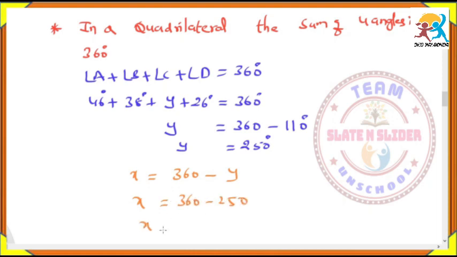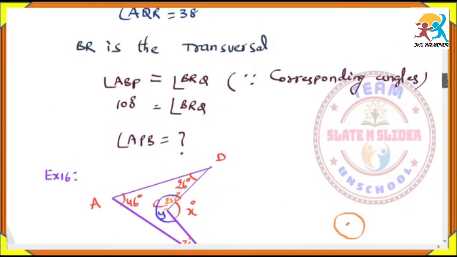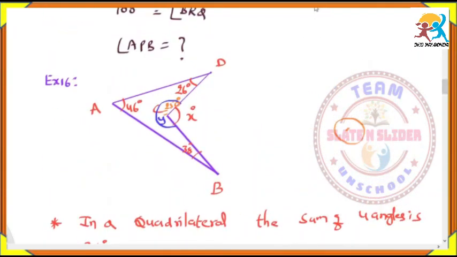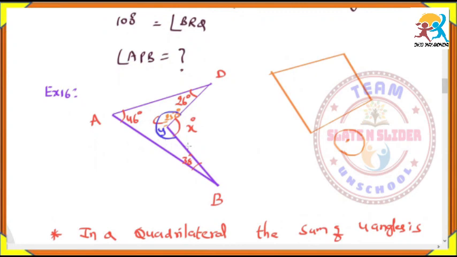Actually this is not a normal quadrilateral. So far we have seen the quadrilaterals like this, but here it is somewhat different. This is called concave polygon, and here this figure is called convex polygon, or convex quadrilateral.